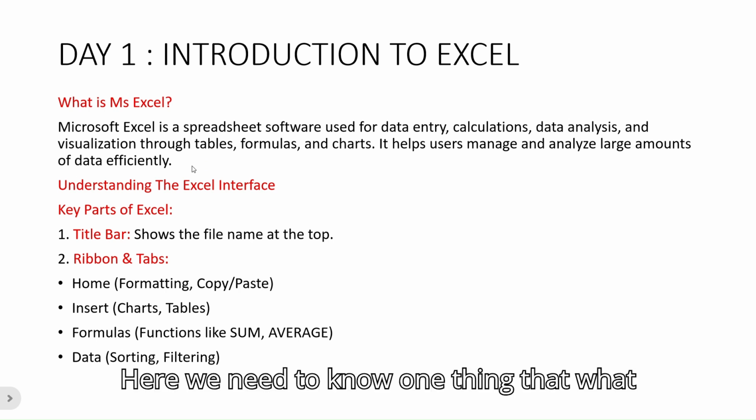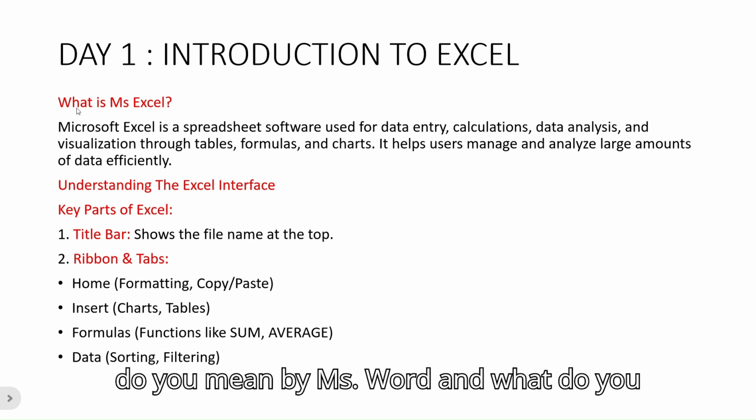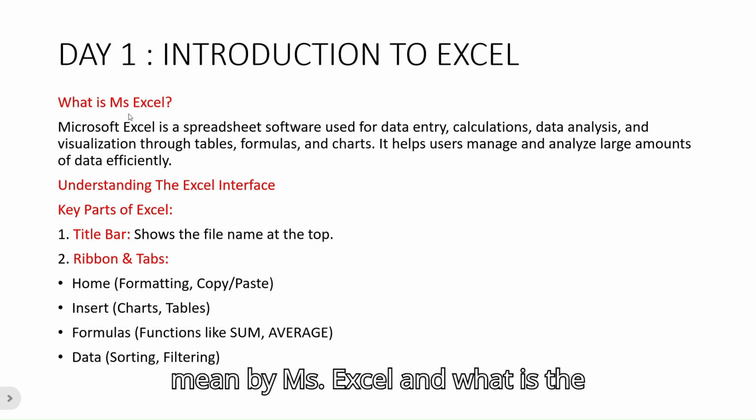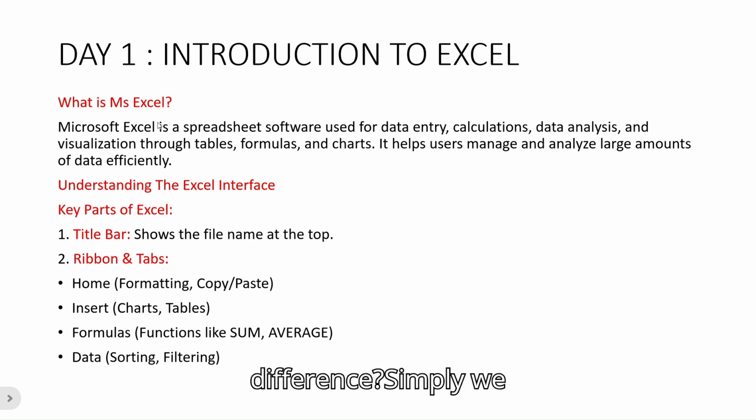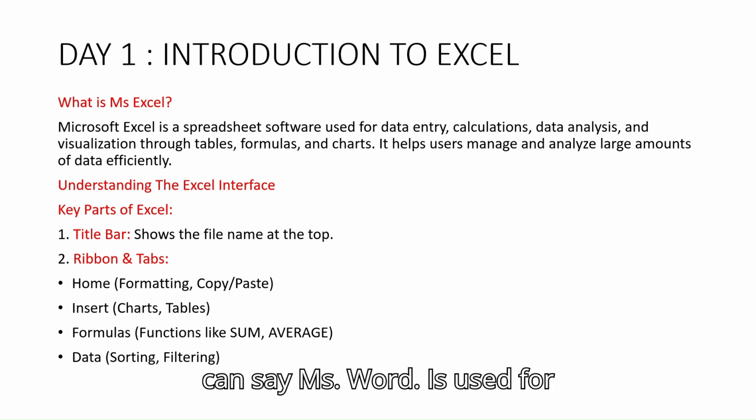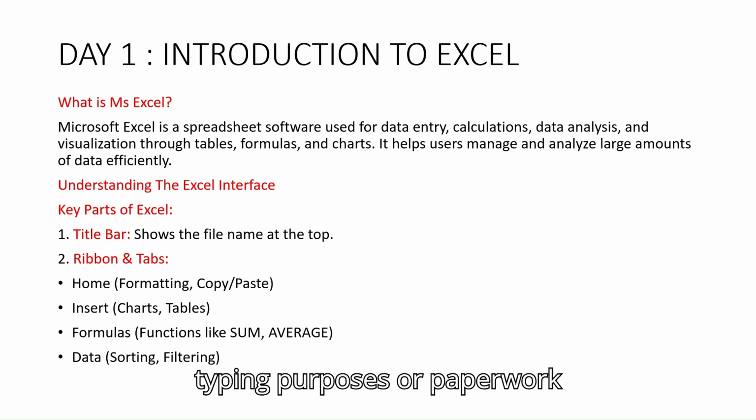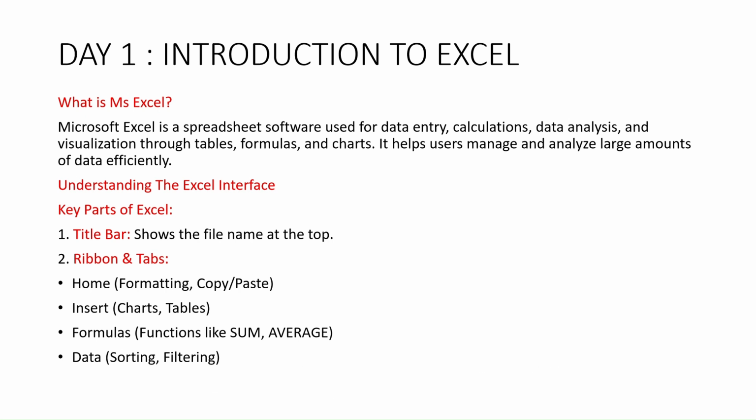Here we need to know one thing, what do you mean by MS Word, what do you mean by MS Excel, and what is the difference? Simply we can say MS Word is used for typing purposes or paperwork or formatting text documents like documents, resumes.